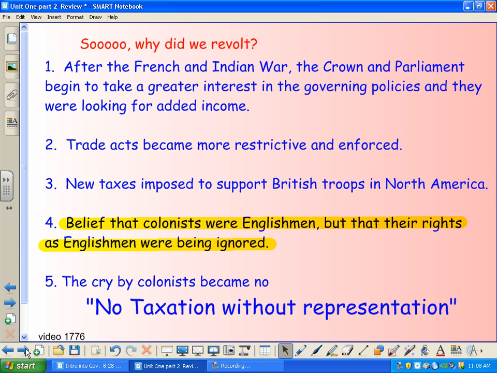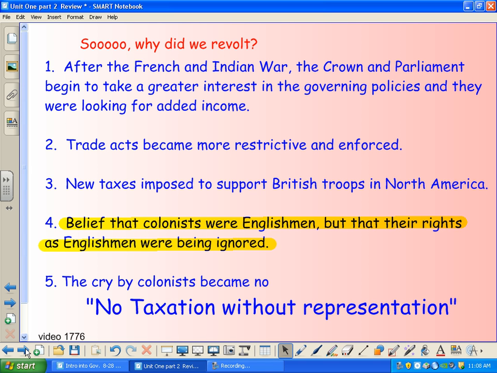They became very restrictive, and for a colony that had pretty much been able to make their own decisions and pretty much ran themselves, suddenly having the Crown looking over their shoulders, insisting on all these additional rules and regulations, began to really chafe at the colonists.